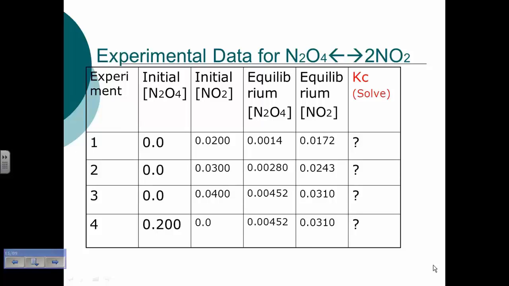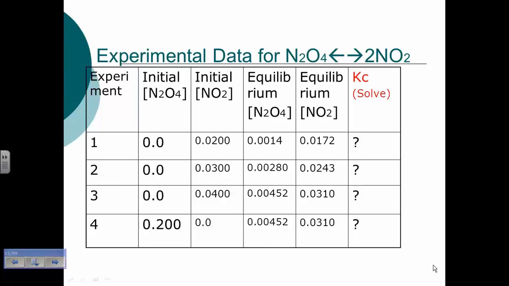The expression, jot this on your paper. What would the expression look like for this reaction? Product over reactant, stoichiometry dependent. We'd see Kc set equal to the value of NO2 squared, set over N2O4, product over reactant, squaring the product, coefficient of 1 on the reactant.